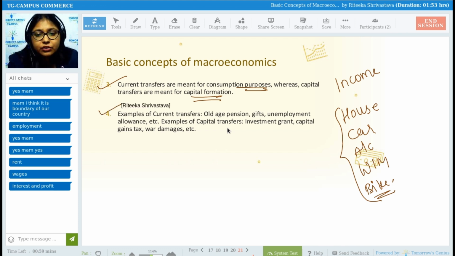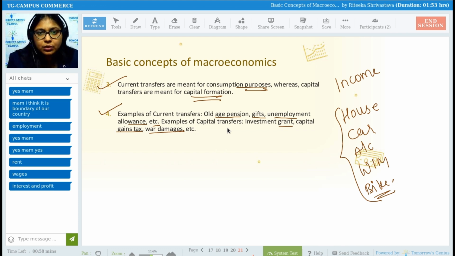Now, examples of current transfers: old age pension, gifts, unemployment benefits. Capital transfers include investment grants, donations, capital gains tax, and war damages, if any kind of damages has been done.